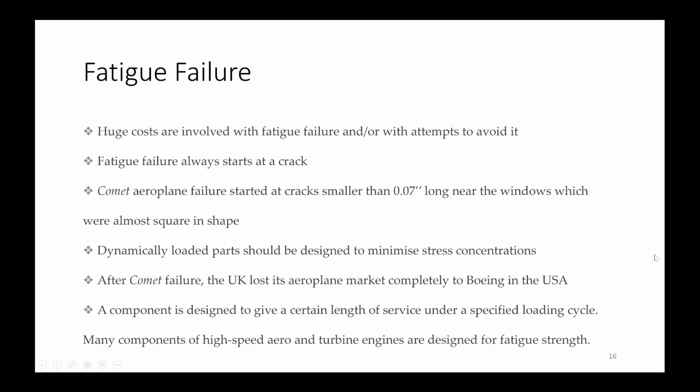A component is designed to give a certain length of service under a specified number of loading cycles when we try to design a material for fatigue failure. Many components of high-speed aero and turbine engines are designed considering fatigue strength.